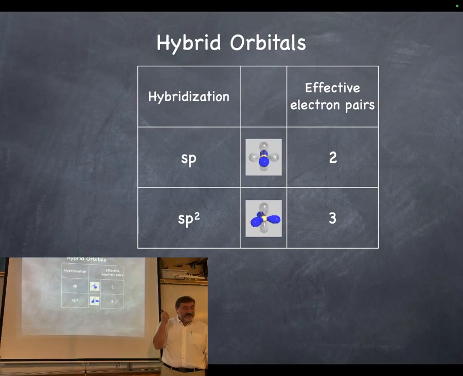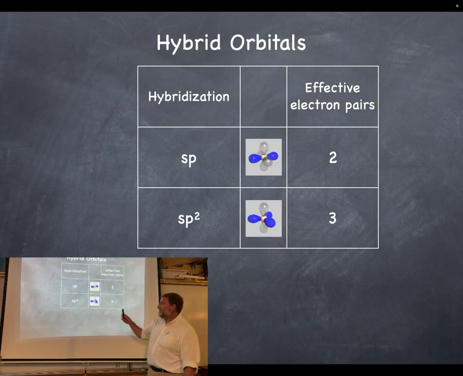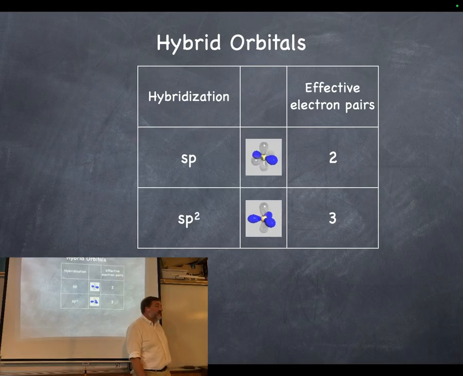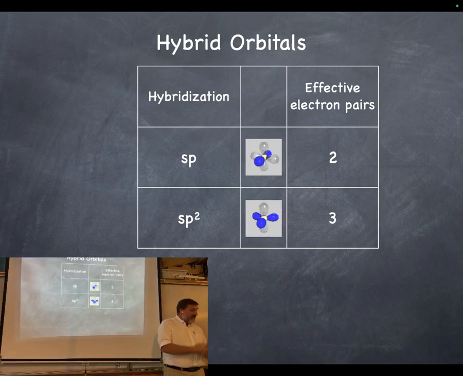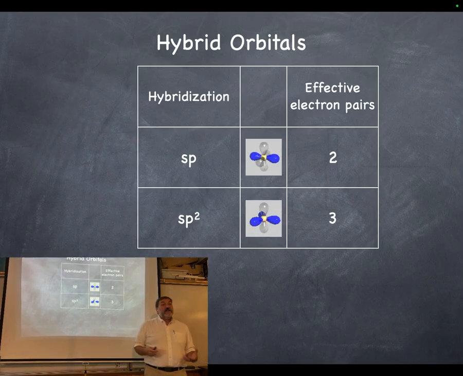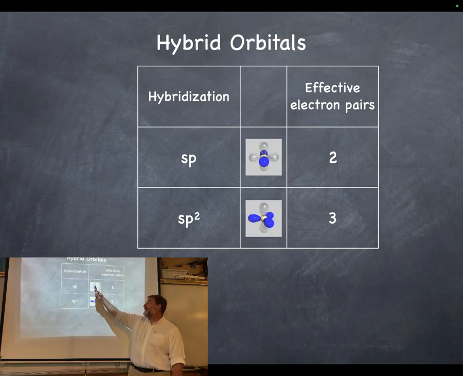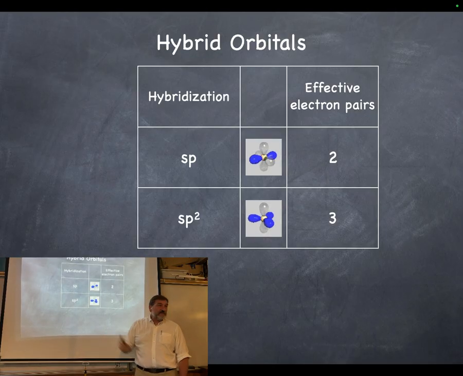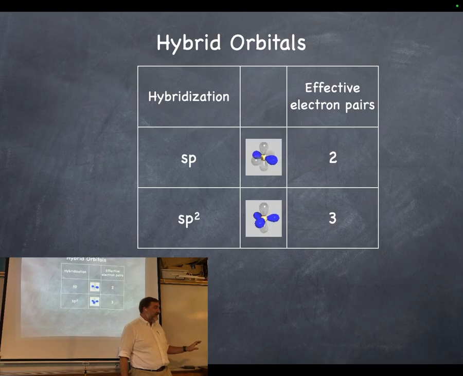You'll notice in the images I'm showing here, there are these hybrid orbitals outlined in blue. Those are the ones that actually exist. Those are the ones that have hybridized. Each time we add more p orbitals, there are, in the sp, 2 p orbitals that don't participate in hybridization.